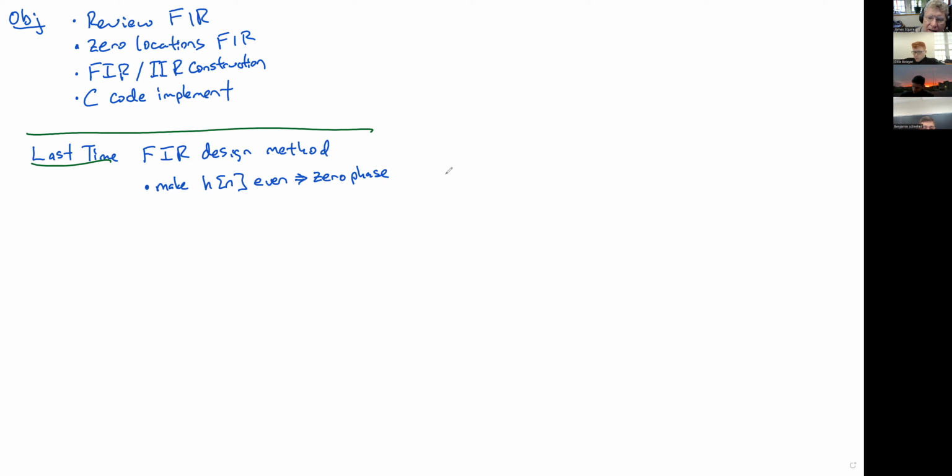So just as an example, we've got something like this. There's our first attempt at making an H of n, and this one is 0 phase.